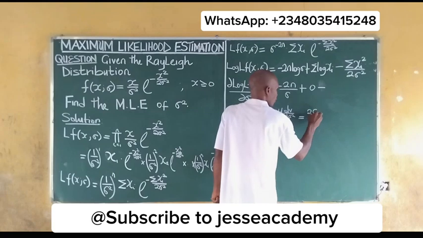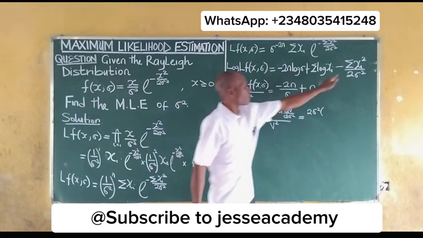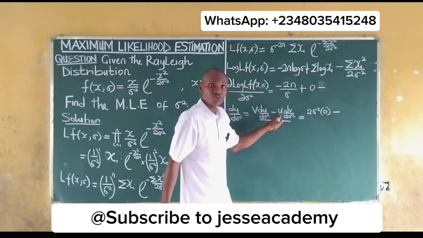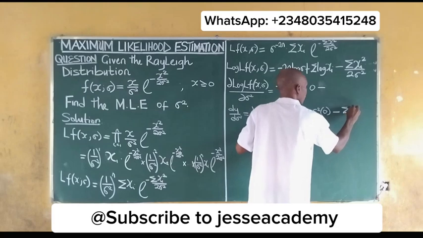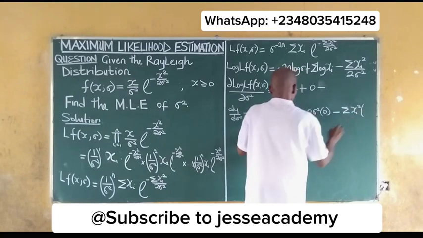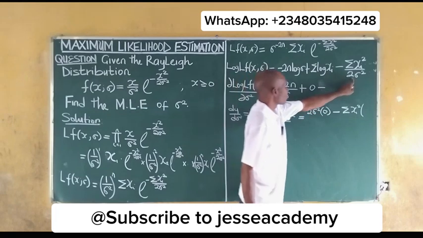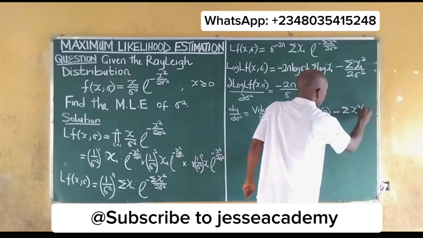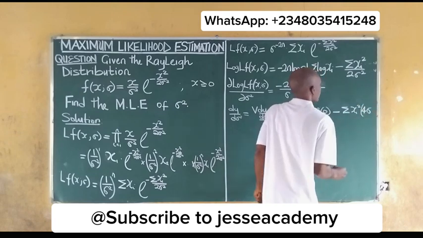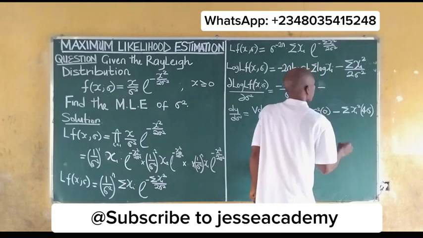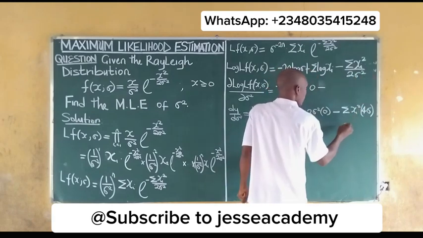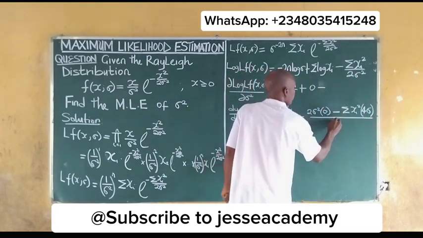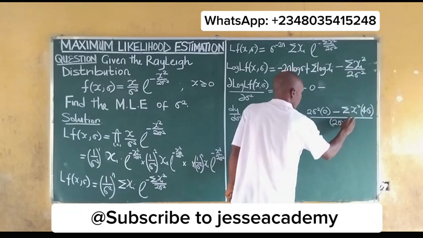We bring down v, which is 2 sigma squared, times the derivative of u, which is 0, minus u, summation of xi squared, times the derivative of v, which is 4 sigma, all over v squared, which is 2 sigma squared all squared.